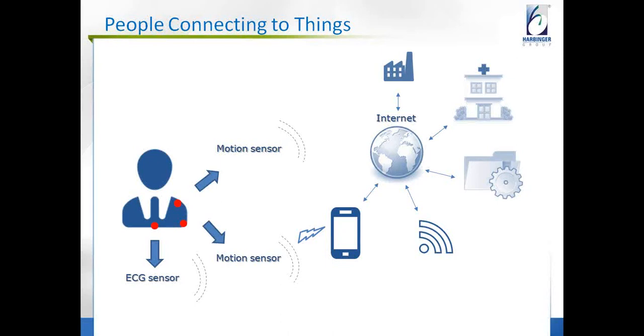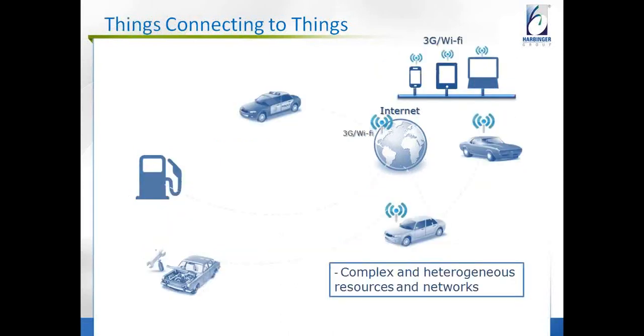Or an ECG attached to a human body sending continuous data feeds to the healthcare application to keep track of the health status. These are a couple of examples of how people would be connected to different things. Moving on, in case of things connecting to things, the complexity is relatively high, and that is mainly due to the heterogeneous resources and networks, like different devices from the car or fuel stations or buildings and many more.